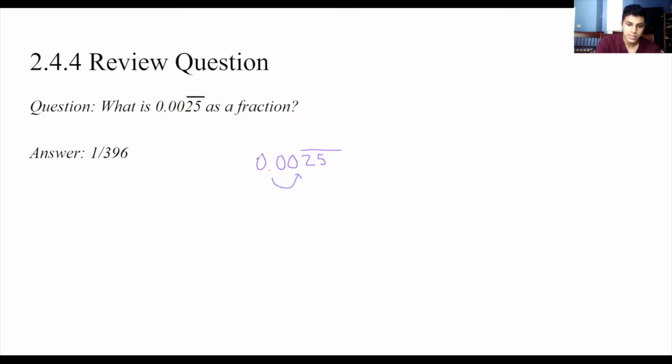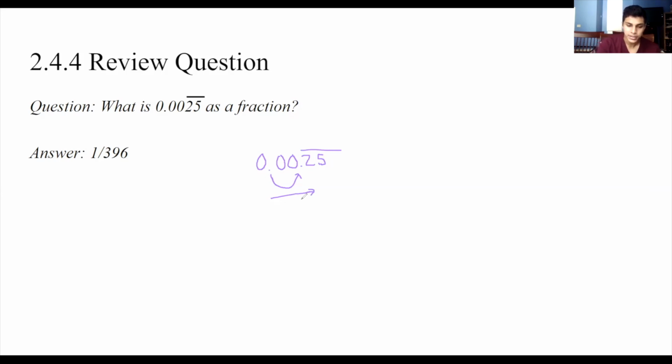So instead of 0.0025 bar with the 25 repeating, I just have 0.25 bar with the 25 repeating, and the 25 is the only part of the decimal. So I have to shift the decimal point over 2 places to the right in order to simplify this to a decimal that only has the decimals as repeating.